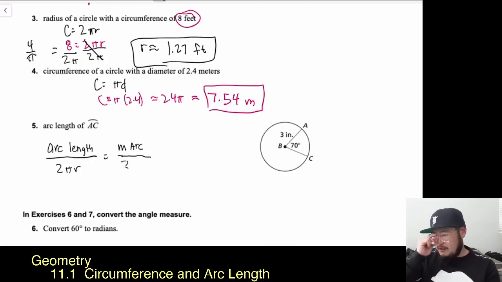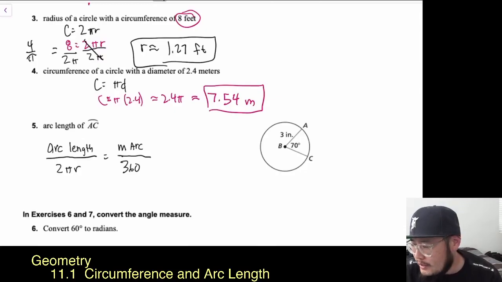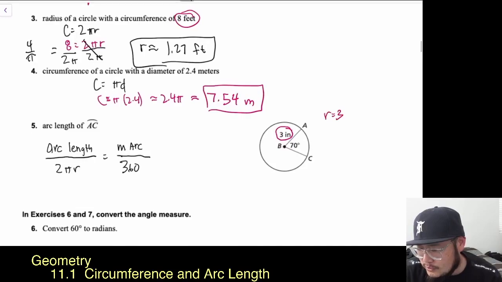So from here, hopefully we can plug some things in to help us find the arc length. One thing that stands out in the diagram is 3 inches. That is your radius. So r is equal to 3. So in our equation, I've got 2 pi times 3. That's equal to the measure of the arc.